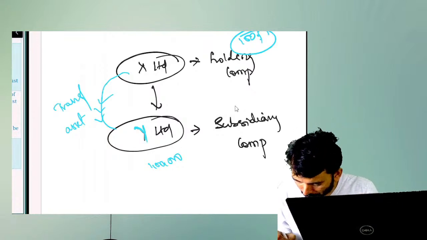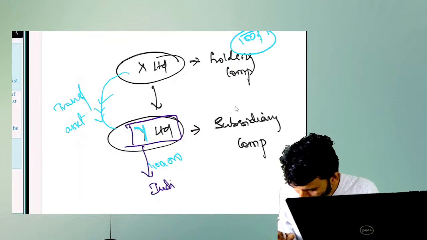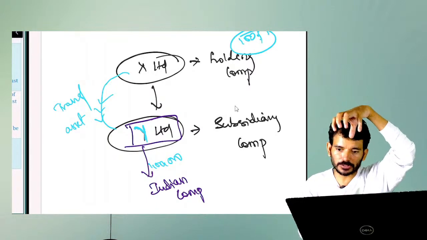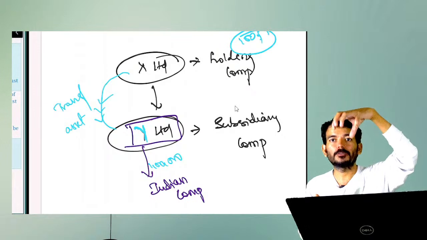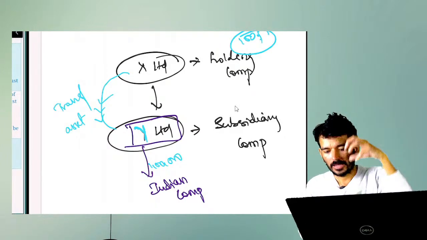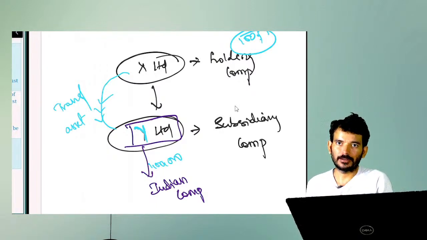And the recipient, Y Limited, should be an Indian company. Always remember these two conditions. When the holding company is giving to the subsidiary company, the holding company should hold it wholly, and the subsidiary should be an Indian company.